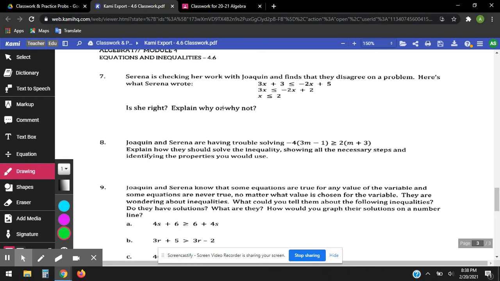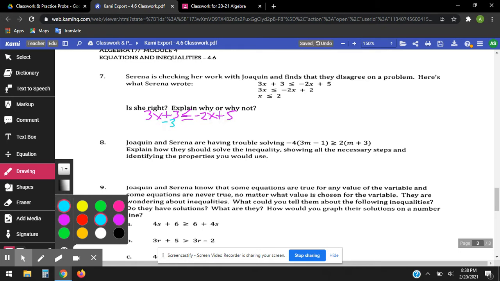Well, let's just go ahead and work through the problem ourselves. So if we do 3x plus 3 is less than or equal to negative 2x plus 5, my first step would be to subtract 3 from each side. That gives me 3x is less than or equal to negative 2x plus 2. Okay, we got the same second line. From here, I need to add 2x to both sides.